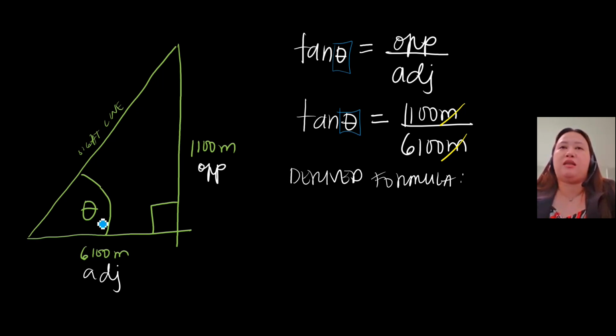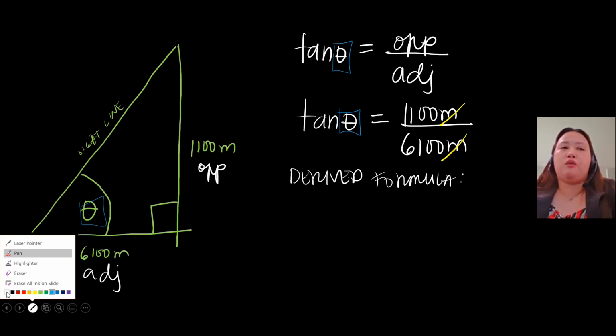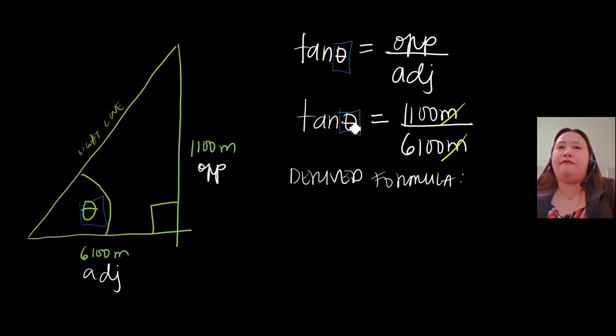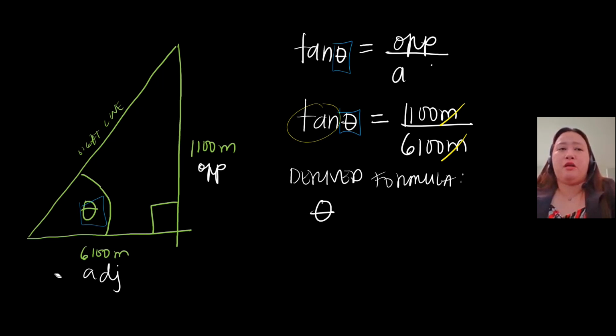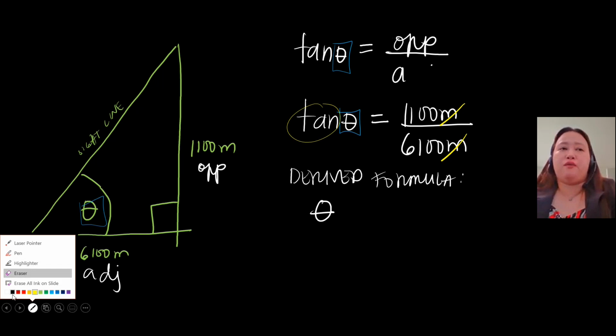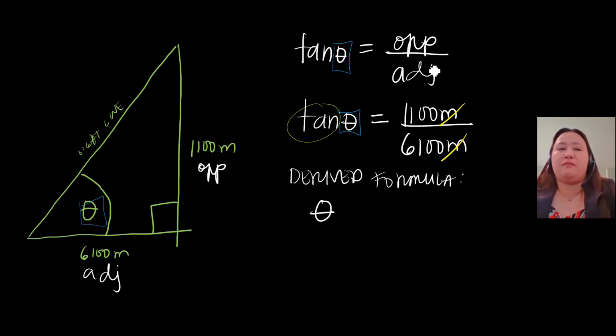Our unknown is the theta. So to have theta on one side only, you just write the theta. And then since we do have tangent, the tangent should be moved to the other side.